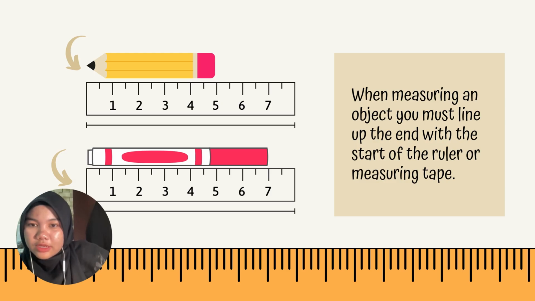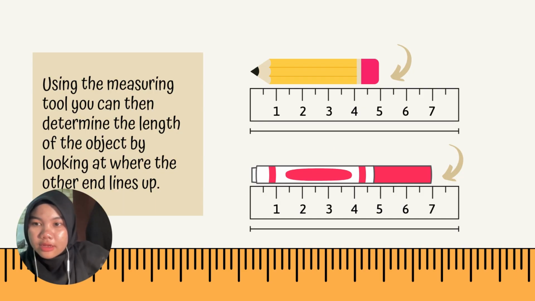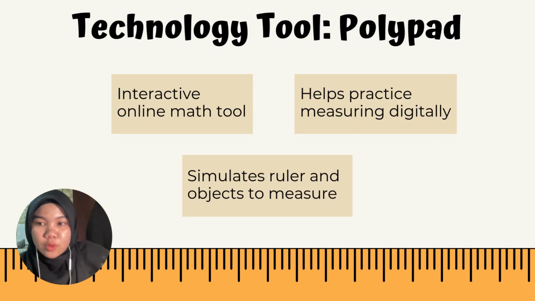So this is the first step, measuring the object. Line up the end with the start of the ruler or a measuring tape, but we're using a ruler. And then we determine the length of the object by looking at where the line ends.